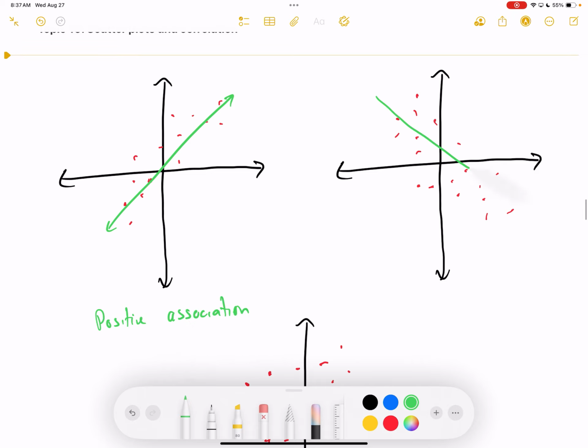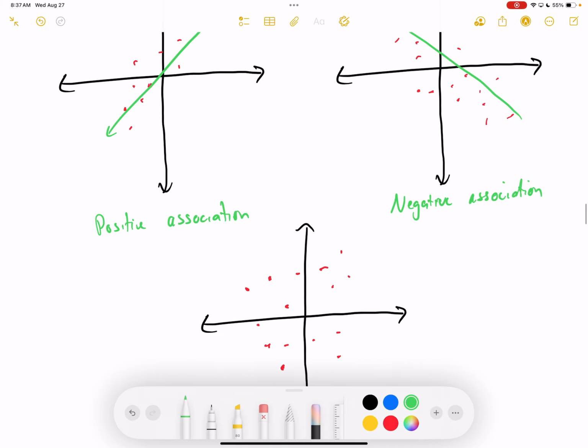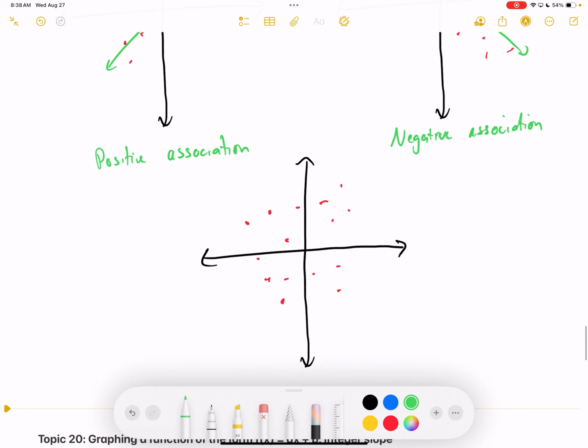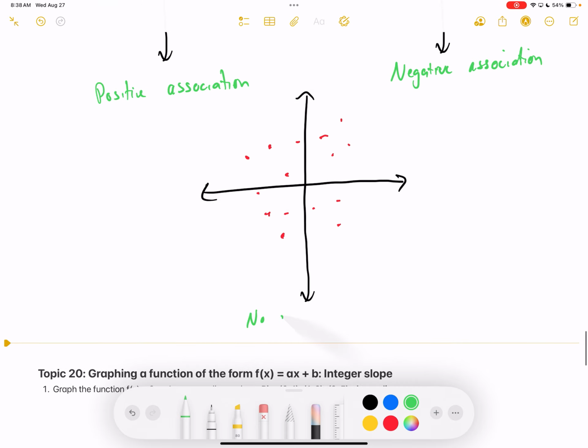This is a negative association, because it goes down from left to right. So just look at the trend. You don't really draw the lines. They probably won't give you the line on this. It's just like, think about what the line would look like. And this one right here, I can't tell which way it's going, right? So this is going to be no association.